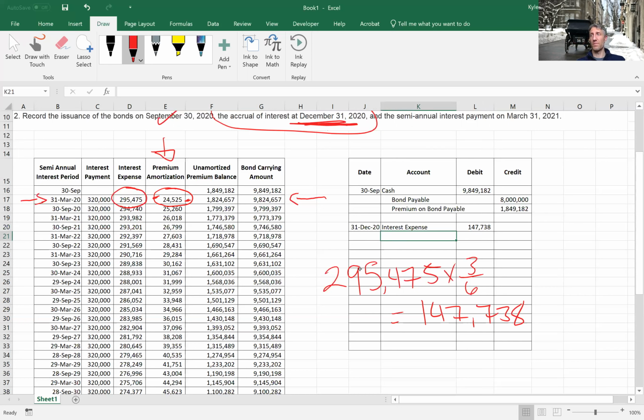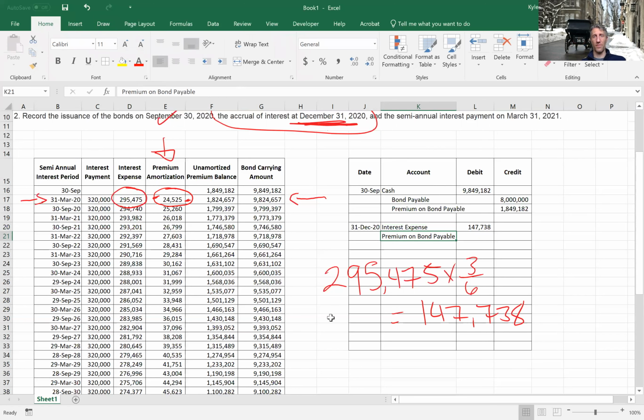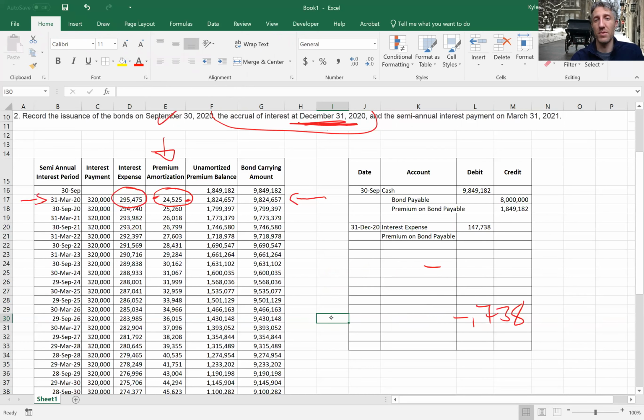So we need to lower the premium on bond payable, set up an adjusting entry to lower for 3 months of what's been incurred as of December.